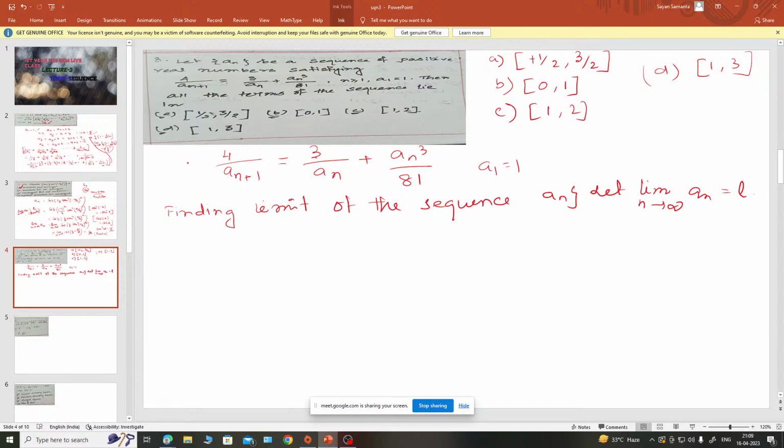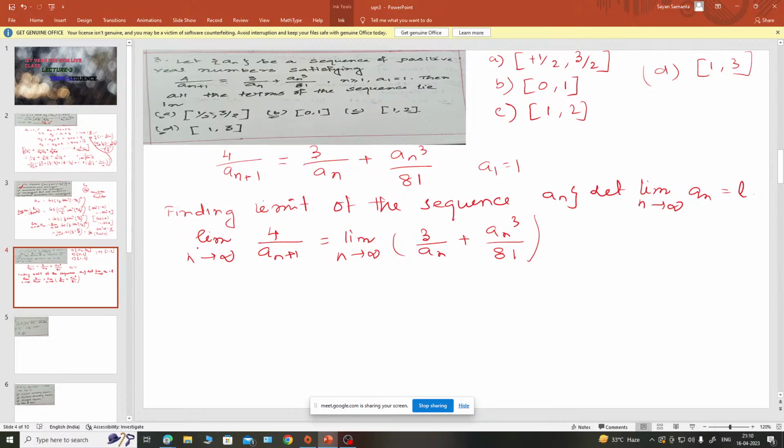Now in the given problem, we take the limit on both sides. So we get the limit as n tends to infinity of 4 by a_{n+1} equals the limit as n tends to infinity of 3 by a_n plus a_n cube by 81. Is it clear to everyone?